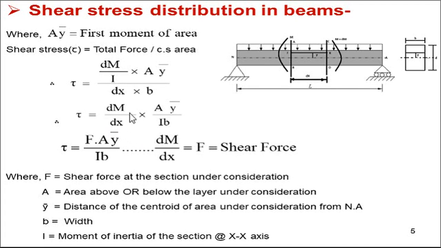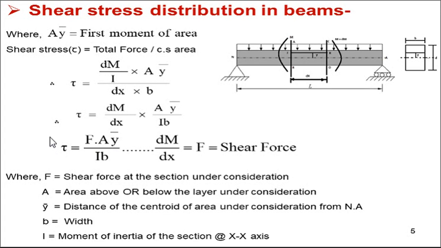So here dM divided by dx is the rate of change of bending moment. Instead of that we can put the force. The rate of change of bending moment gives the force, so directly you can put force here, with the remaining A y bar divided by Ib as it is.